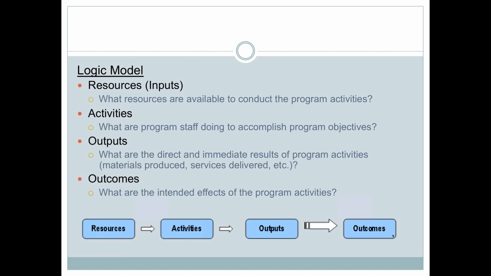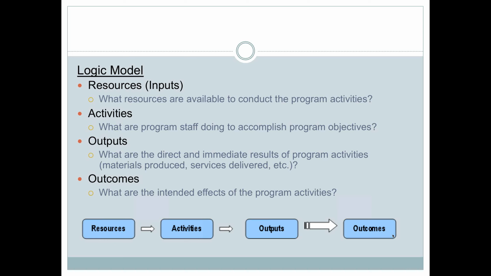The outputs are the direct and immediate results of all program activities. And so they can include things like the number of materials that were produced, the number of services delivered, the number of people attending sessions. So that shows you the immediate result of an activity happening.